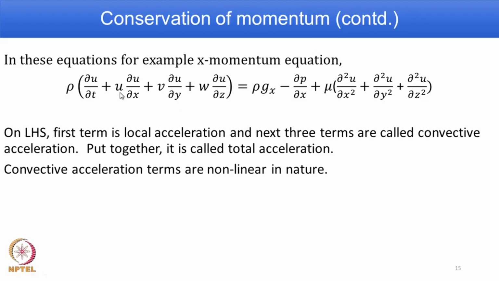So, a function multiplying the derivative of the same function results in what is known as nonlinear in nature. Such nonlinear nature of this convective acceleration attracts special attention, because how to solve or how to represent u multiplying dou u by dou x in discretization is important, and we are going to focus special attention on this convective term because of its nonlinearity.